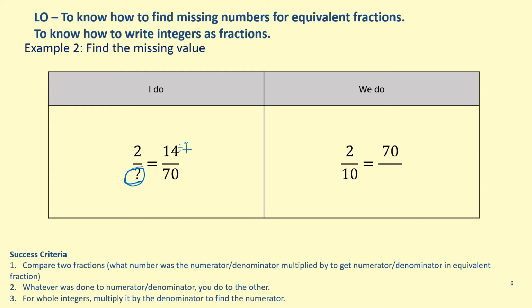So whatever I do to the top, I need to do to the bottom. 70 divided by 7 is 10. So the denominator I was looking for is 10. Now pause this video and attempt "we do".